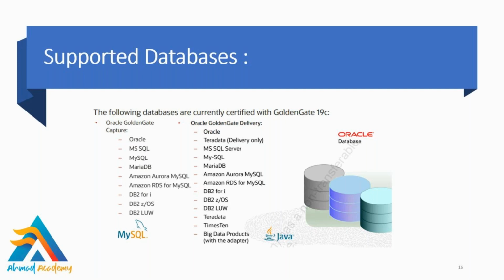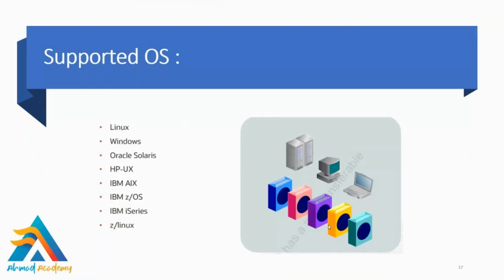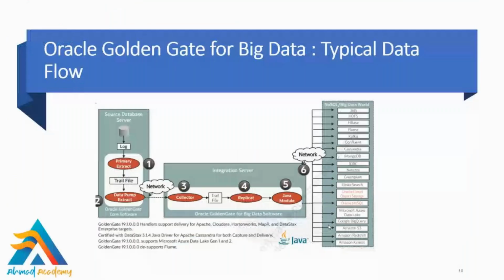There is a website, oracle.com, then go to middleware, then the technology section, then the Fusion certification.html, where you will see these things. Supported operating systems we have are Linux, Windows, Oracle Solaris, HP-UX, IBM AIX, IBM z/OS, IBM iSeries, and z Linux. So if you have any doubt, you can check the certification matrix on the Oracle site.